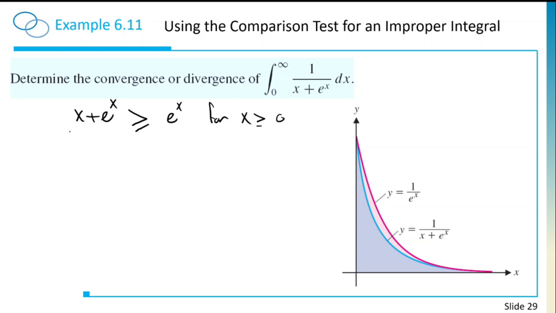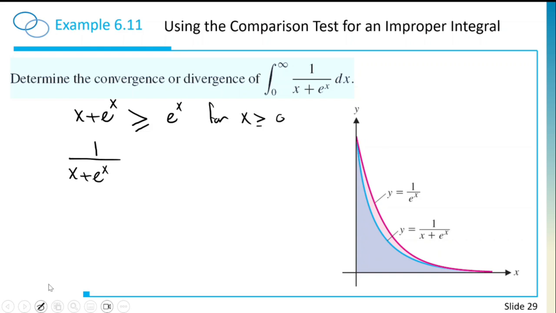So I'm starting with basic knowledge of inequalities. Now notice our function is the reciprocal of this one. If both of these two functions are positive, notice that e to the power of x is always positive, and an exponential plus a positive value is again positive. So if both of them are positive and I take their reciprocal, what will happen in this case? This is 1 over x plus e to the power of x.